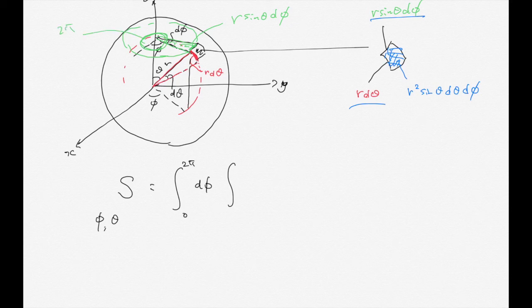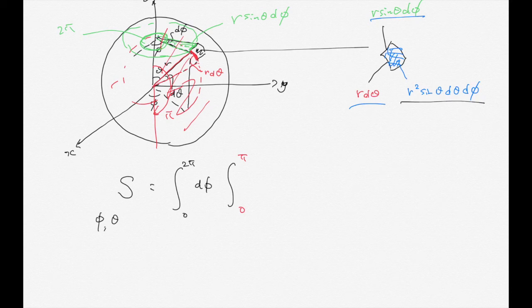But in the case of theta, theta is changing from 0 to pi. The integration over phi covers one rotation of this region, so theta should be 0 to pi.